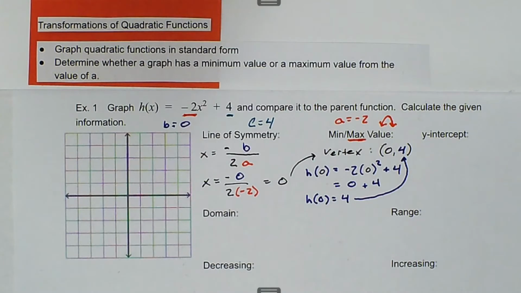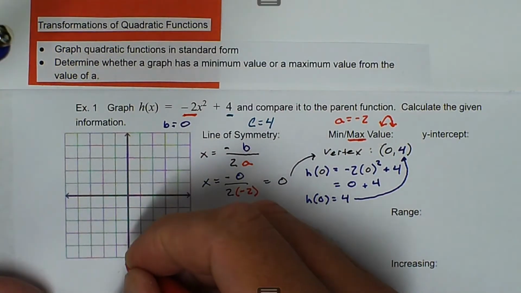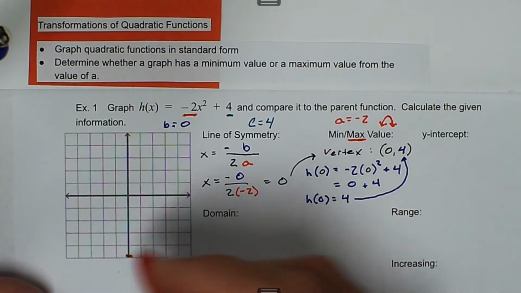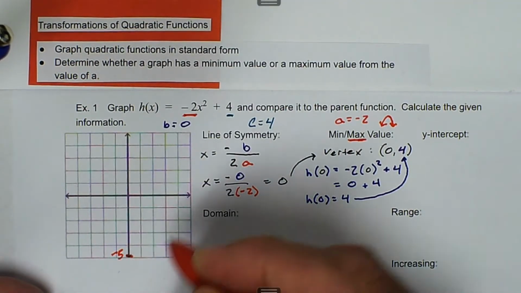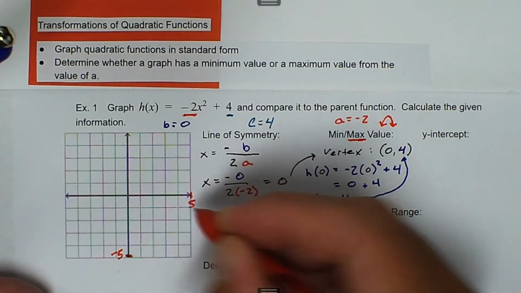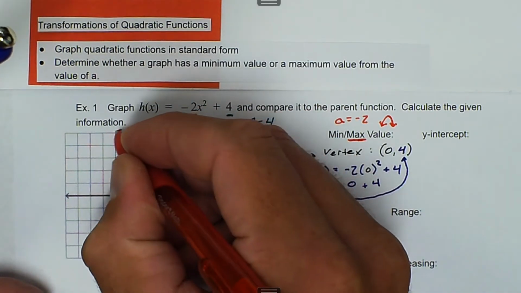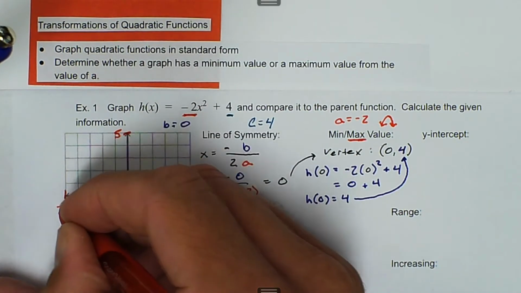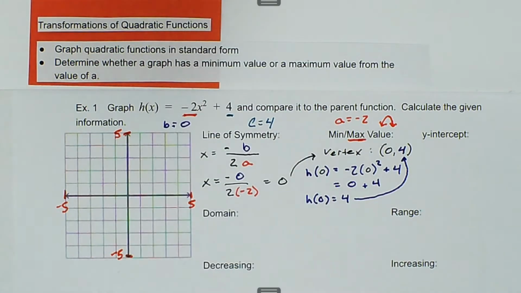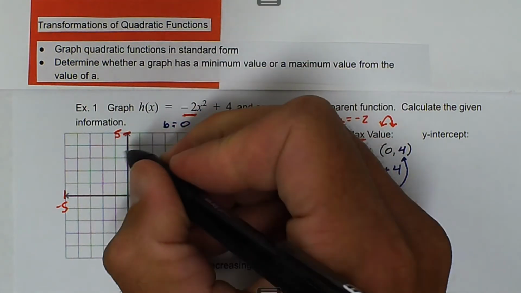So we know that we're going to open down, and we know that our vertex is at 0, 4. So put -5 here, 5 there, 5 there, and -5 there. And then we're going to have the point 0, 4 as our vertex.